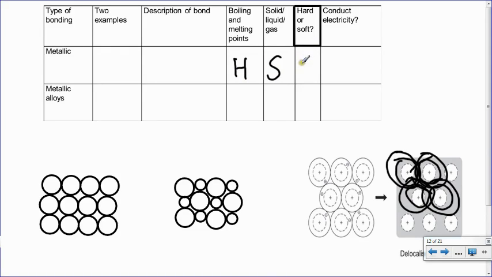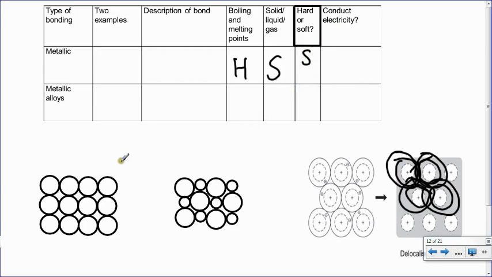Pure metals, because the layers can slide over each other, because all the atoms are the same size, we tend to say they're medium-ish, not very, very soft, but they will move. You could knock a layer off that quite easily. So let's say fairly soft for pure metals, and they don't have much strength either.